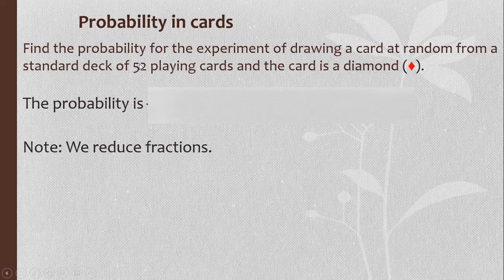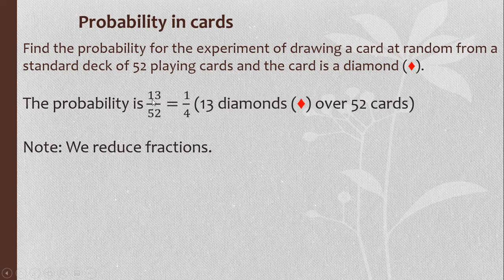So, probability in cards. Find the probability for the experiment of drawing a card at random from a standard deck of 52 playing cards, and the card is a diamond. Well, that probability is going to be 13 out of 52. There's 52 total cards, 13 of them are diamonds, so we'll reduce that to 1/4.